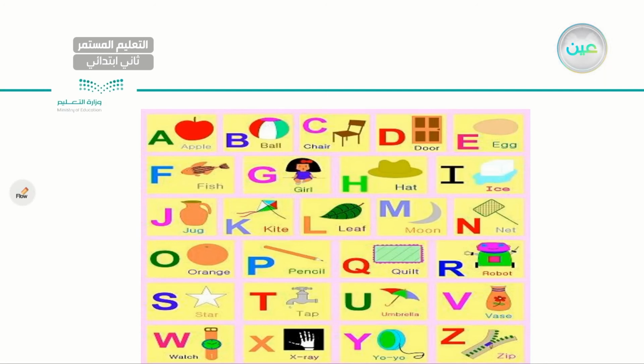Let's move to the next line. F, fish. G, girl. H, hat. I, ice. J, jug. K, kite. L, leaf. M, moon. N, net. Very good. Let's go to the next one.